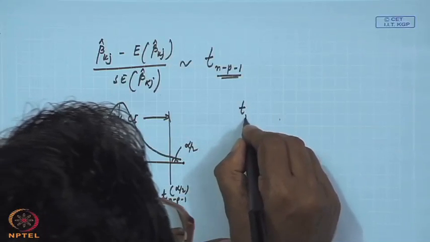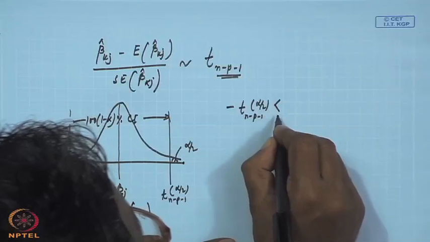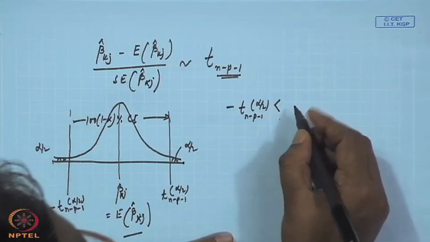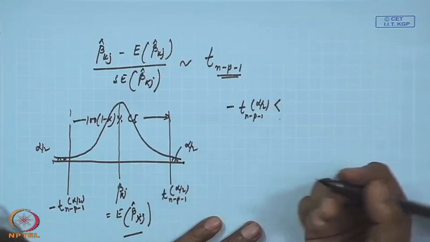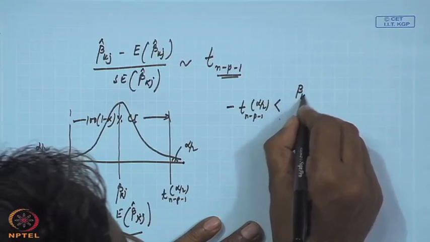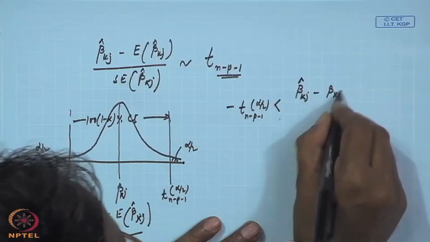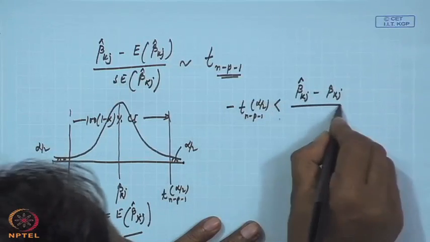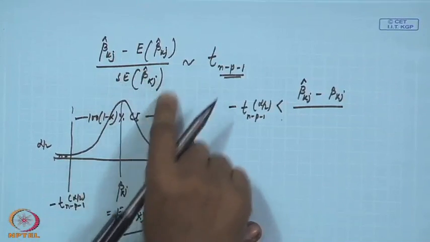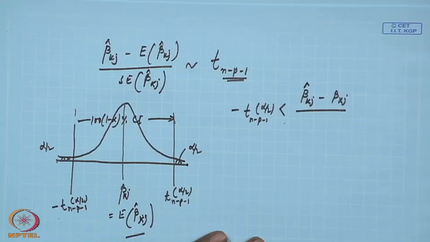So you can write that minus t(n minus p minus 1, alpha by 2) is less than beta_kj-hat minus beta_kj divided by the standard error of beta_kj. The standard error comes from (X transpose X) inverse sigma_k squared, which we found out.